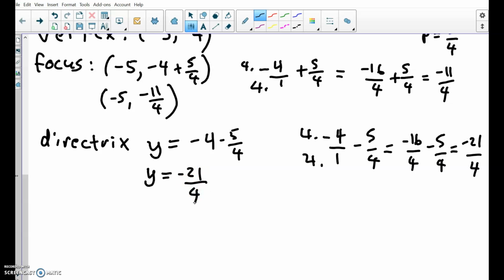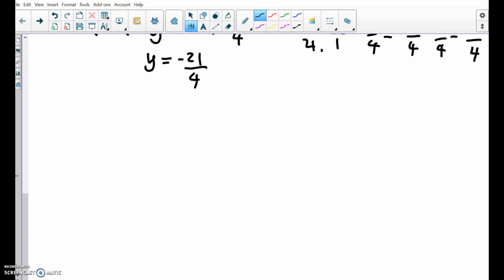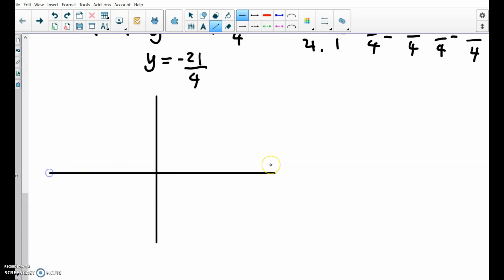Alright, so then on your problem in the book, or in the MyMathLab, they have you pick a graph. But let's just make a graph really quick. Let's do a line. Okay, so we know our parabola has a vertex of (-5, -4).